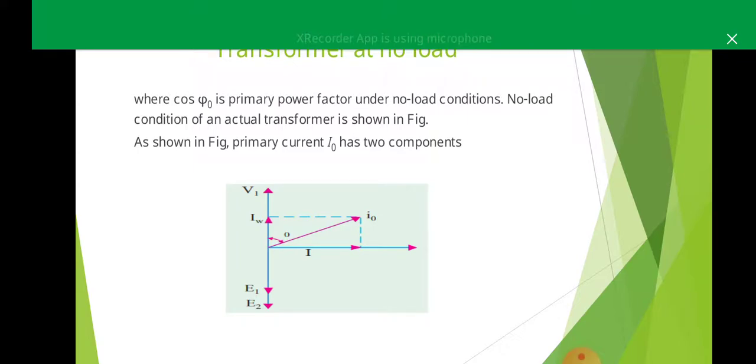This is the phasor diagram of a transformer at no load. On the x-axis, we have the reference, that is the flux in the core. On the y-axis, we have the supply voltage.